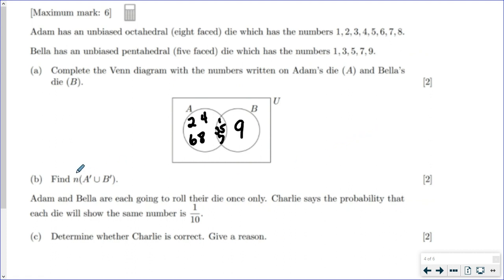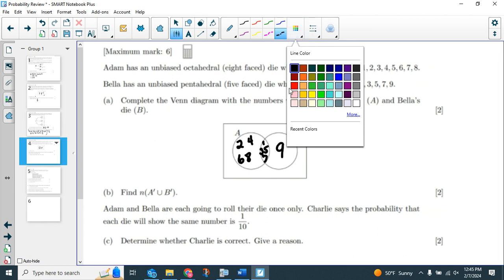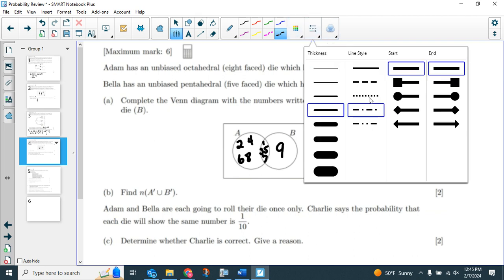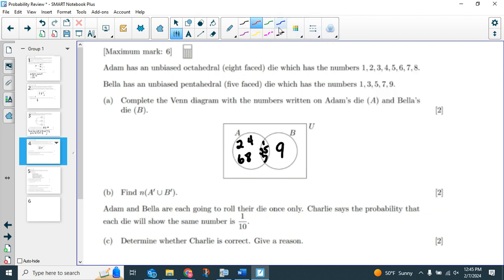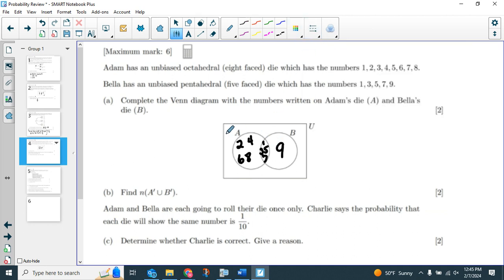All right, so find the number of A complement union B complement. All right, now A complement is everything that is not, oh, son of a biscuit. All right, I guess I'll do this. All right, A complement is everything that's not in A. All right, so that would be everything here, in red.